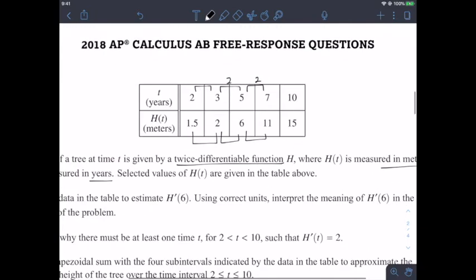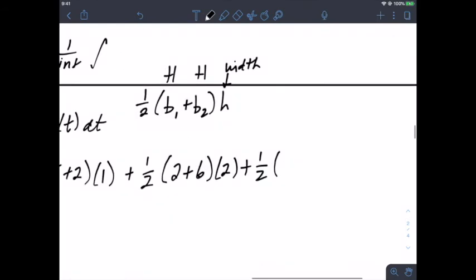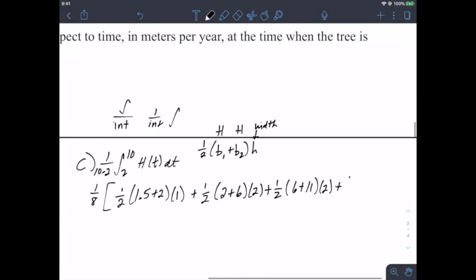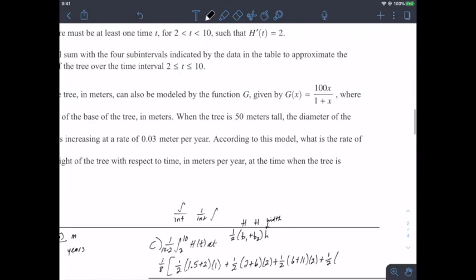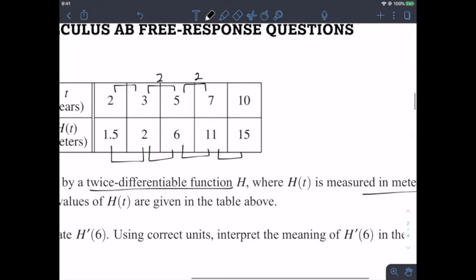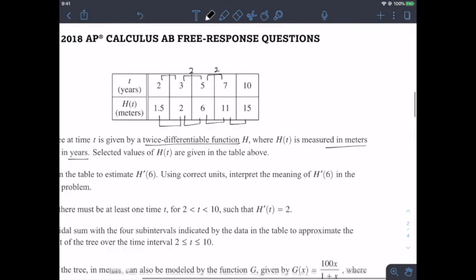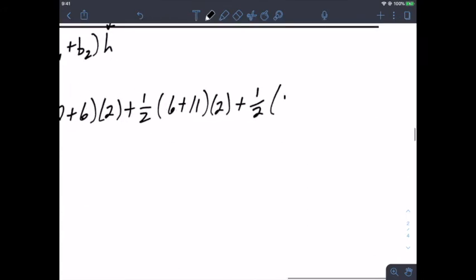So 6 plus 11 times 2, plus 1/2 times, on this next one here, I'd add the two function values, 11 plus 15. And then the width on this one is 3.